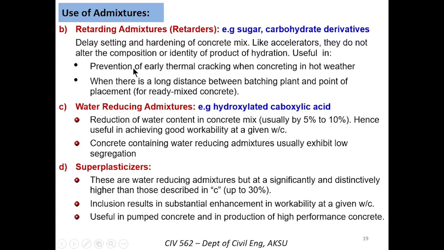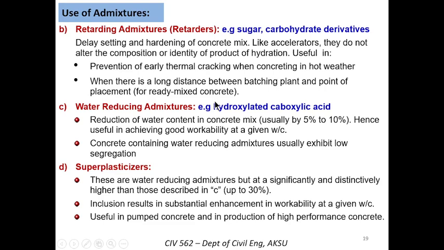They are useful in prevention of early thermal cracking when concreting in hot weather or when you are concreting a high volume of concrete. You may use it to reduce the hydration reaction, in turn reducing the rate of thermal cracking.